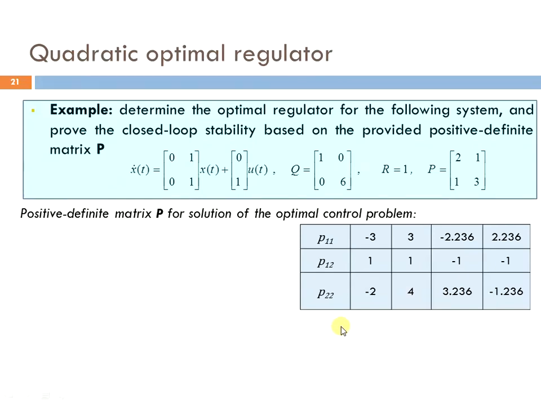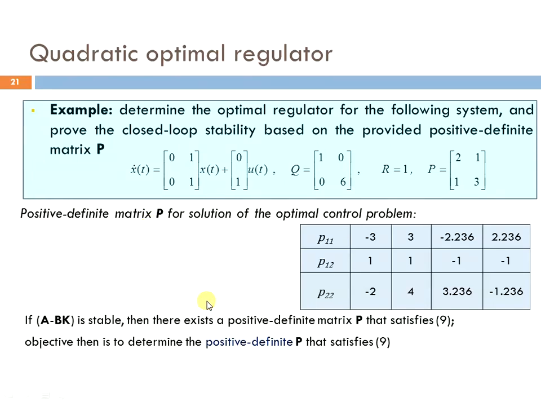So we've got four sets of values for the matrix P. And the next thing here is to determine the positive definite matrix P, which satisfies equation 9.